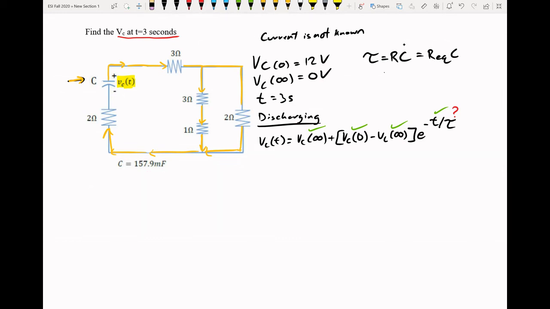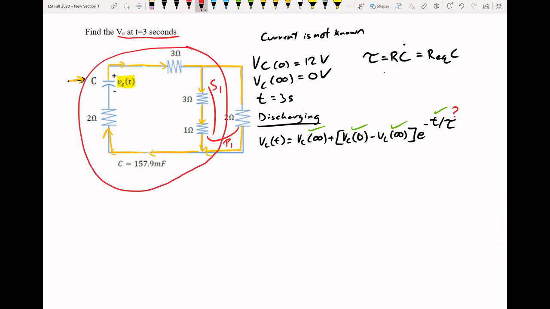So we see that here, these are going to be in series, and then these will be in parallel. So this will be series 1, parallel 1. And then after, the entire branch is going to be in series, so I'll call that series 2. If we write those out, series 1 will be 3 plus 1 is equal to 4.